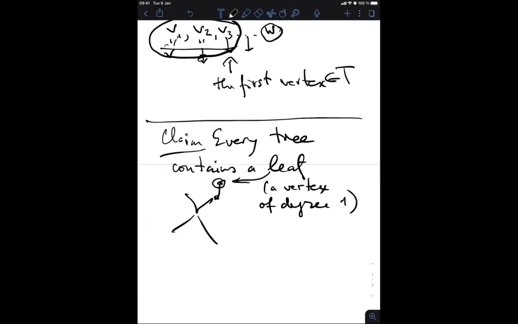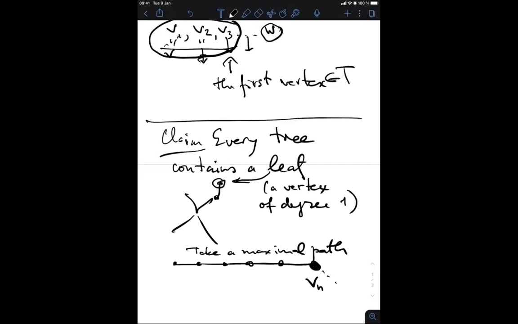Assume we're looking at the maximal path. Take a maximal path. Maximal means that we cannot extend it anymore without creating a cycle. Now look at this last vertex, Vn. Since its degree is bigger than 1, it's not a hanging leaf. We are assuming that there are no hanging leaves.